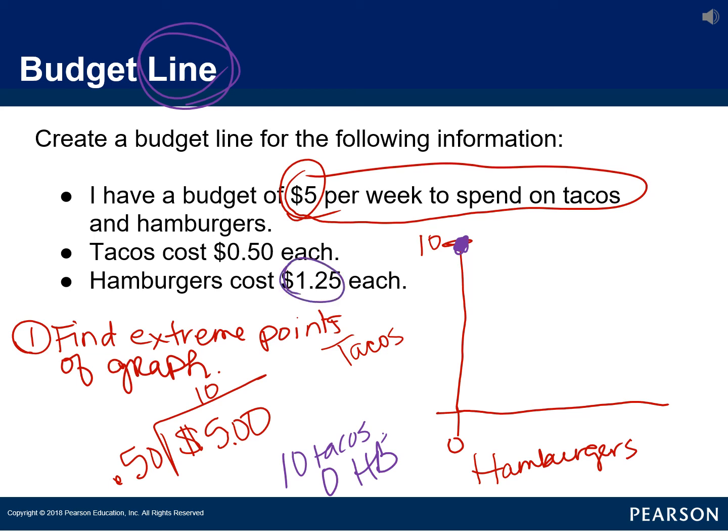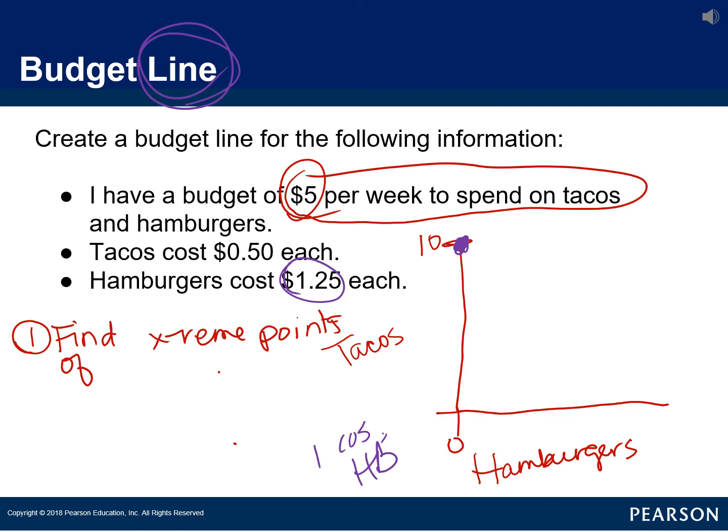So how many hamburgers could we buy if we spent all of our money on hamburgers? To figure that out, we need to take $5 and divide it by $1.25.